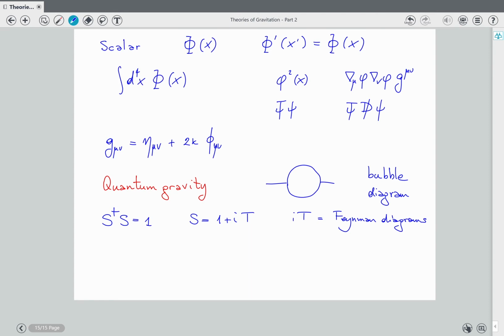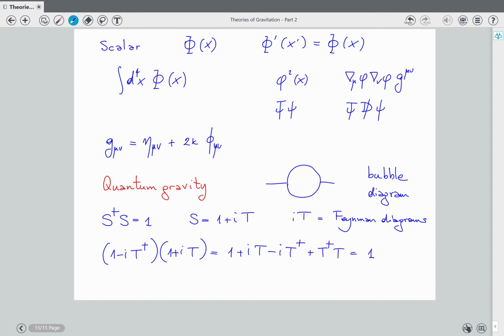And when you insert S equals 1 plus IT into this equation, 1 minus IT dagger, 1 plus IT, then you have 1 plus IT minus IT dagger plus T dagger T. And that is equal to 1.